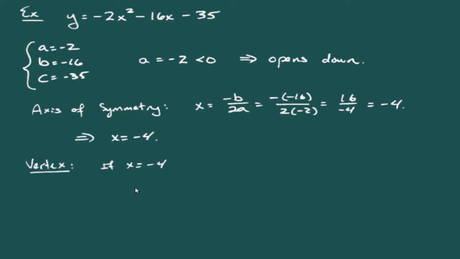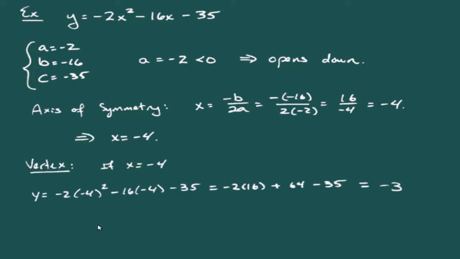And so if we take x as negative 4 and plug it into our original equation, negative 2x squared minus 16x minus 35, we get negative 2 times negative 4 squared minus 16 times negative 4 minus 35. We evaluate that, and we see that we get a y value of negative 3. And so our vertex is going to be at negative 4, negative 3.